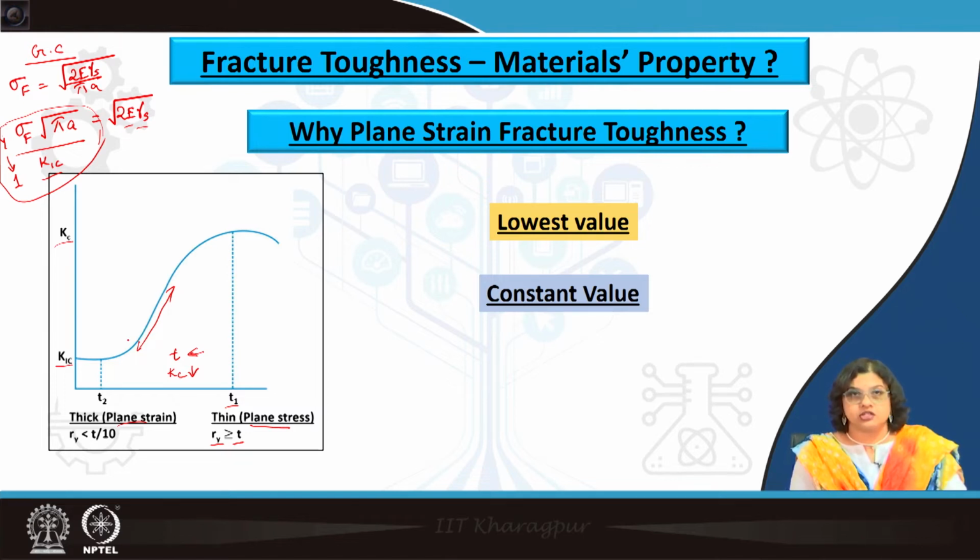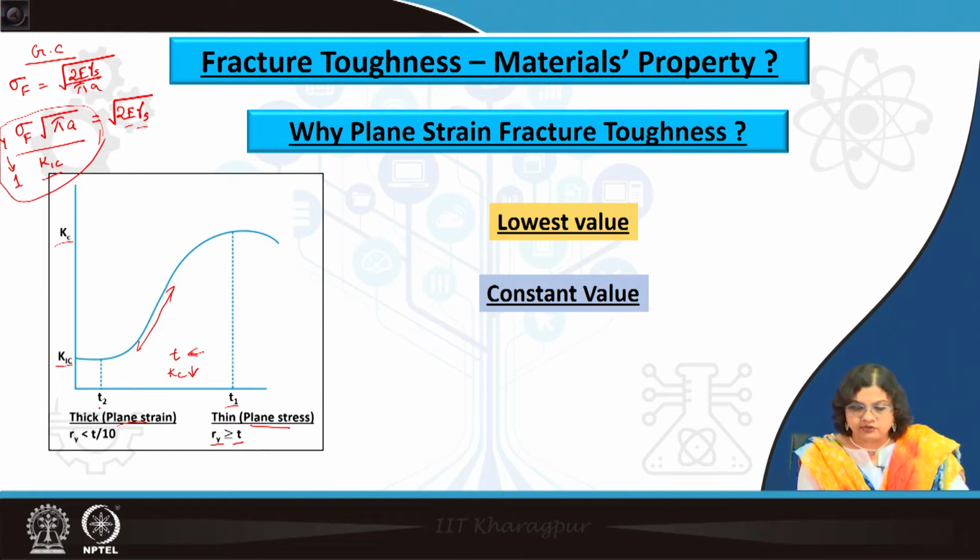Now, whatever changes, that is something very difficult to predict. So, we always look for values which are constant, which are not bound to change even if we are making some minor changes. Otherwise, if someone is determining the plane stress fracture toughness with a thickness of 1 millimeter of the component, and someone else is determining the plane stress fracture toughness with a thickness of let us say 1.1 millimeter, there can be some differences in the fracture toughness values. So, obviously, that cannot be used as a standard one.